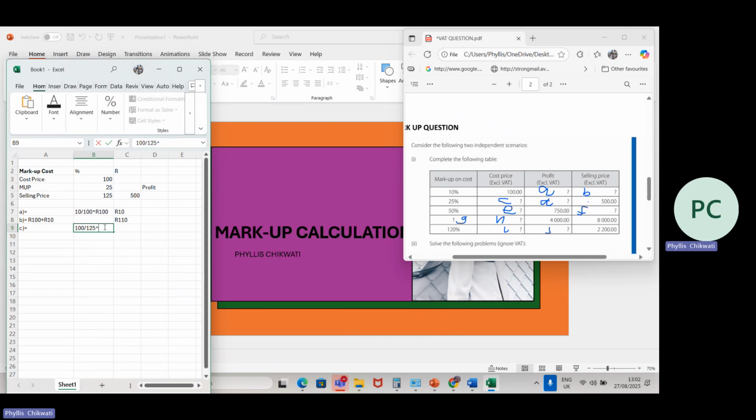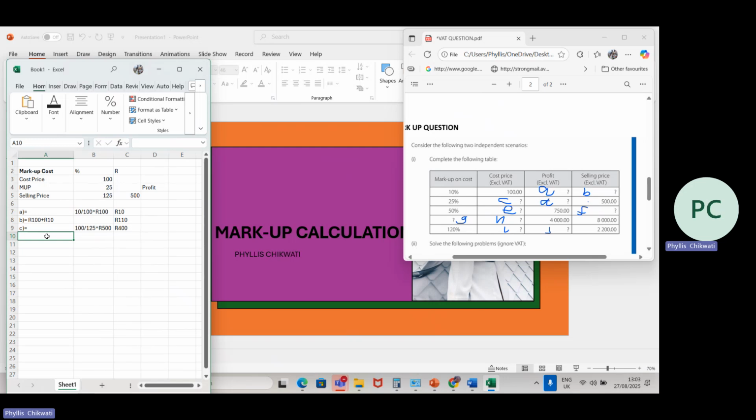Then we multiply that by 500. So let's just do the mini calculation here using the Excel formula because I don't have my calculator with me and it's easier for me to use my Excel. So it's going to be 400 rand. So I'm just going to type 400 rand is our cost price.